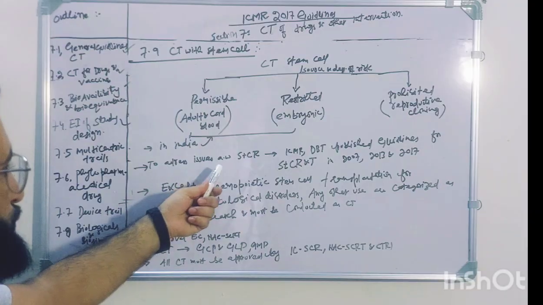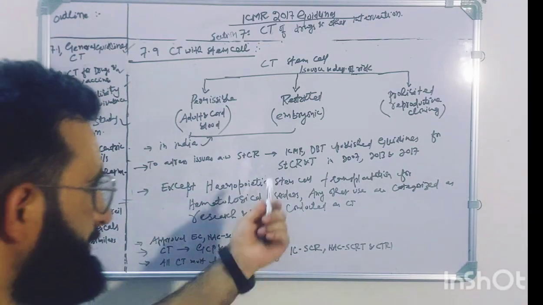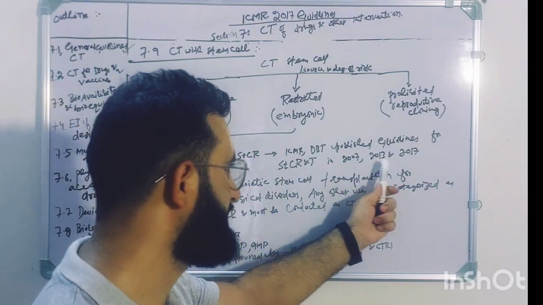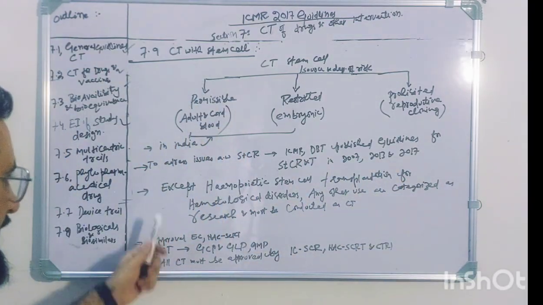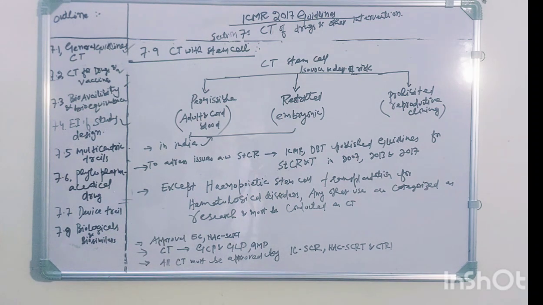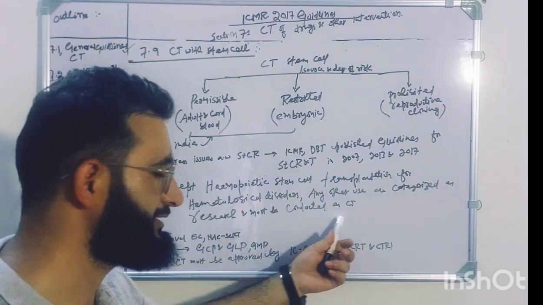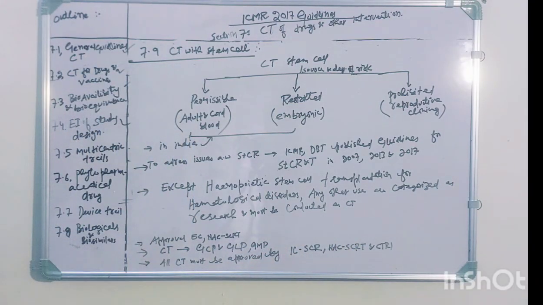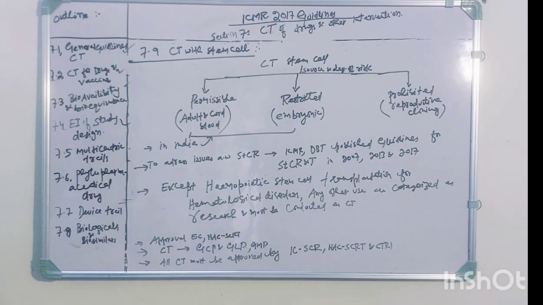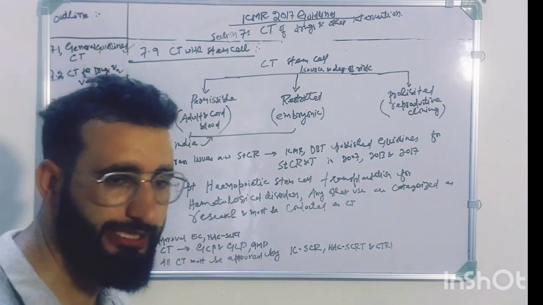To address issues associated with stem cell research, ICMR and DBT have published guidelines for stem cell research and therapy in 2007, 2013, and 2017. Except for hematopoietic stem cell transplant for hematological disorders, any other use is categorized as research and must be conducted as a clinical trial. These clinical trials should be approved by the ethics committee and the National Apex Committee for Stem Cell Research and Therapy, and should be carried out as per GCP, GLP, and GMP guidelines.